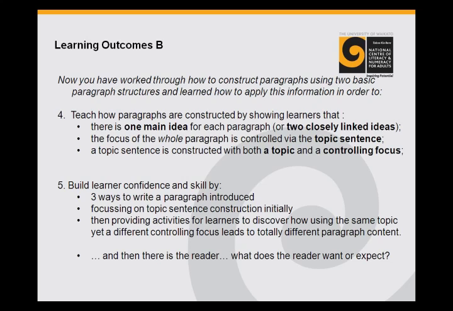I think the last thing we need to say here is, after your learners have played a lot with how to write a paragraph and played a lot with these topic sentences and brainstormed, it would be a good idea next to think of the reader, because what does the reader want or expect?